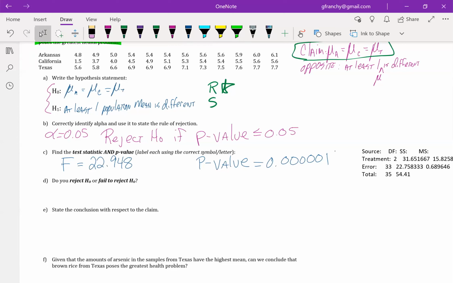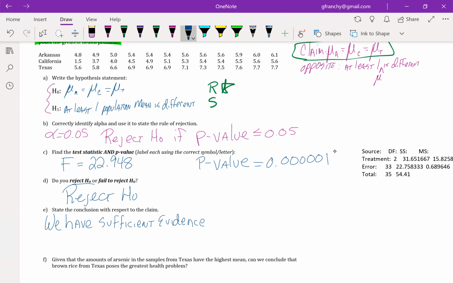So our p-value is definitely smaller than our alpha, our significance level. So we are going to reject the null hypothesis. And when we reject the null hypothesis, that means we have sufficient evidence. We starred the R, so R is for reject.